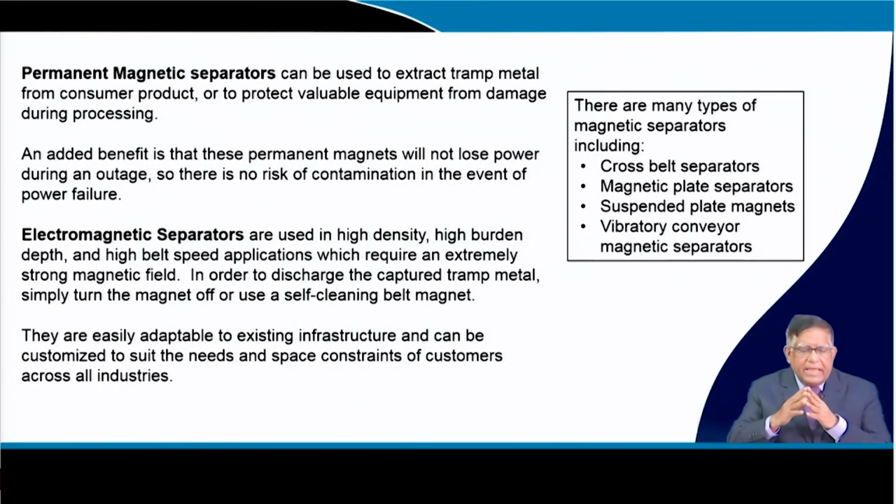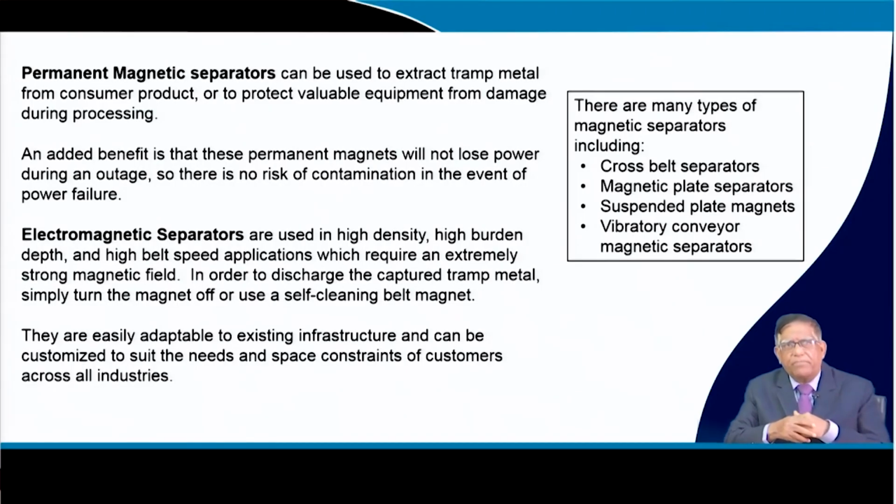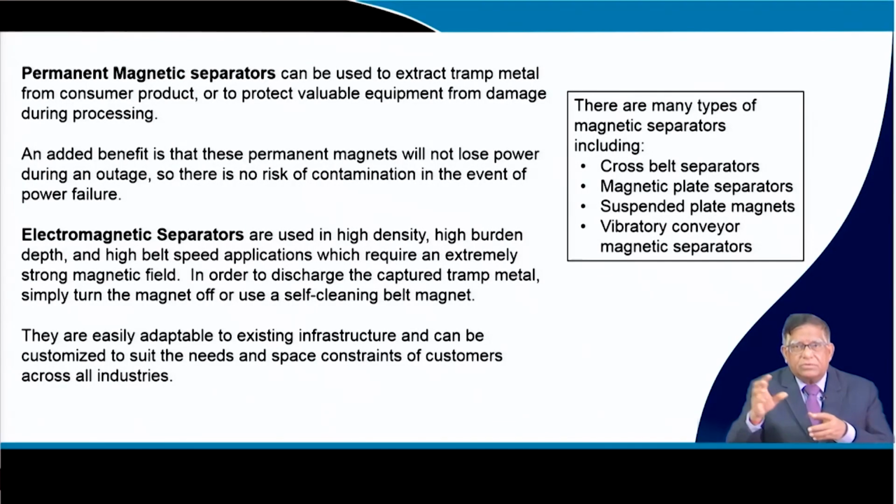Now, permanent magnet separators can be used to extract tramp metal from consumer products or to protect valuable equipment from damage during processing. There is a different benefit also: if you are using a permanent magnet, you do not use electricity for operation, so there could be energy saving.